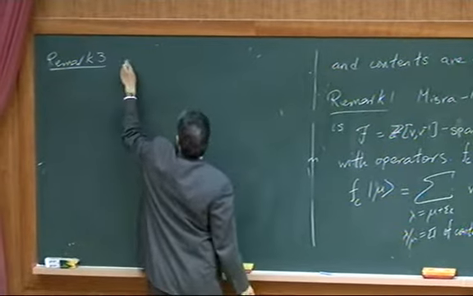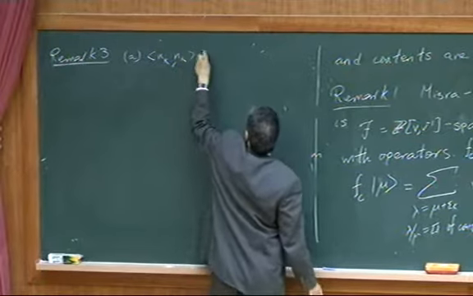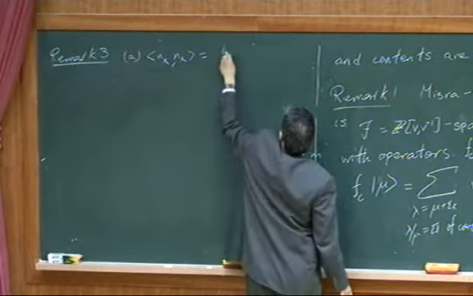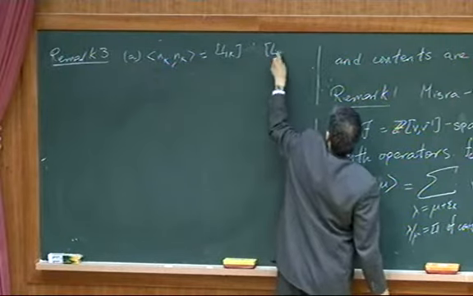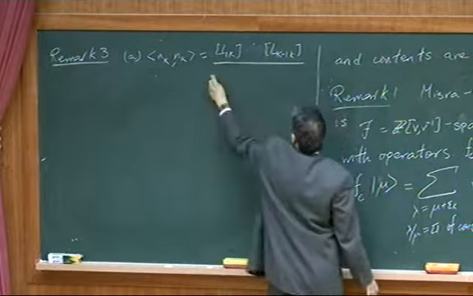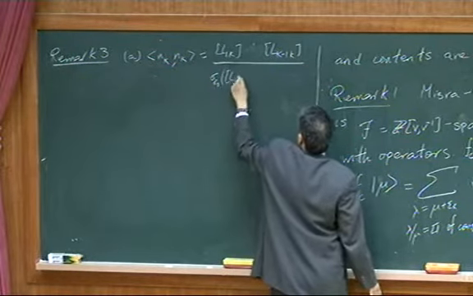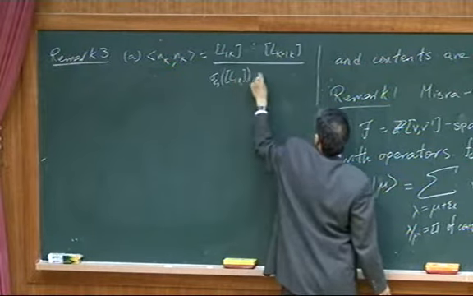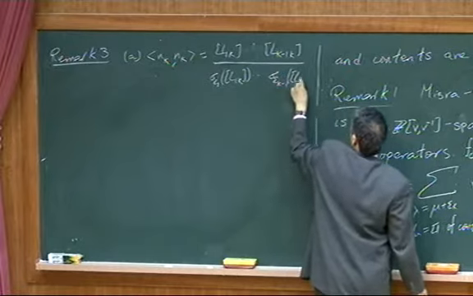Part A said that the inner product of nk with nk is L1k bracket up to Lk minus 1 k bracket divided by sigma epsilon 1 of bracket L1k up to sigma epsilon k minus 1 of bracket Lk minus 1.